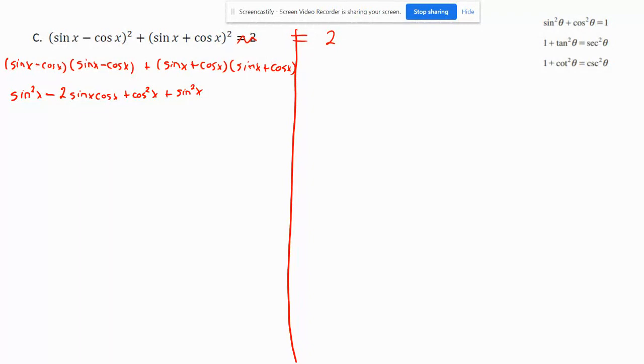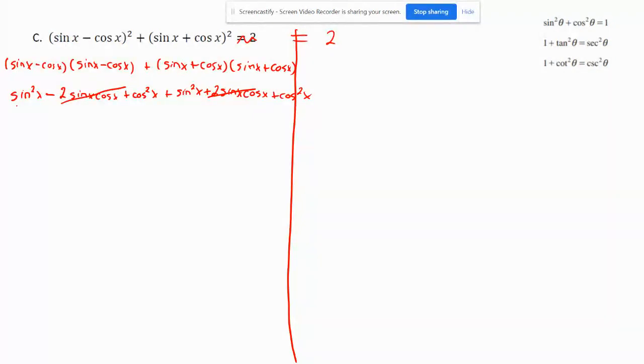We have sine cos is plus 2 sine x cos x. Cos times cos is cosine squared. Okay, so big long expression over here, but we're going to have a negative 2 sine x cos x and a positive 2 sine x cos x, so those two terms are going to cancel each other out.